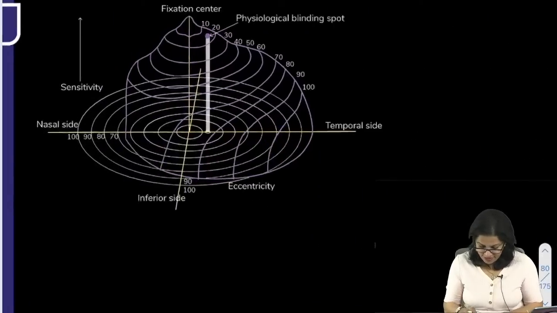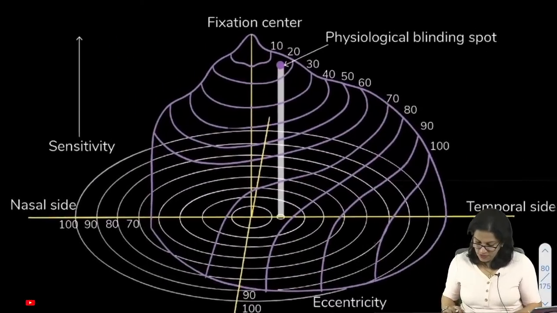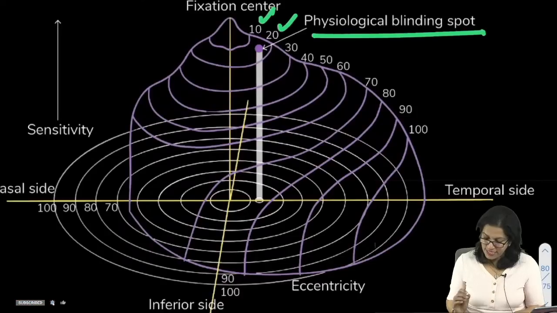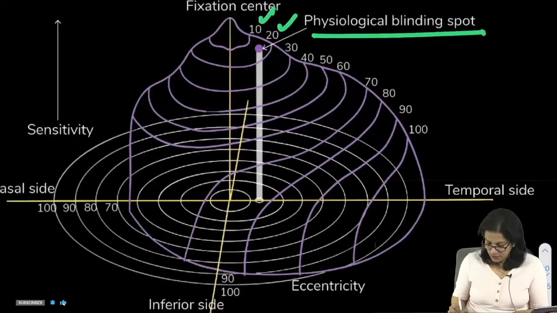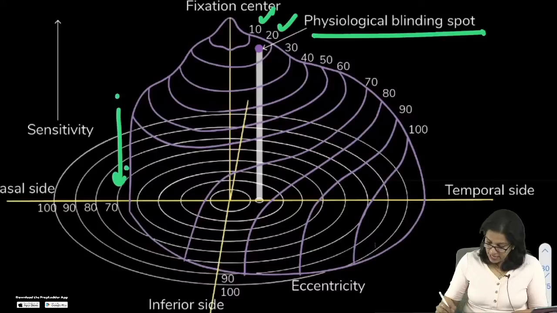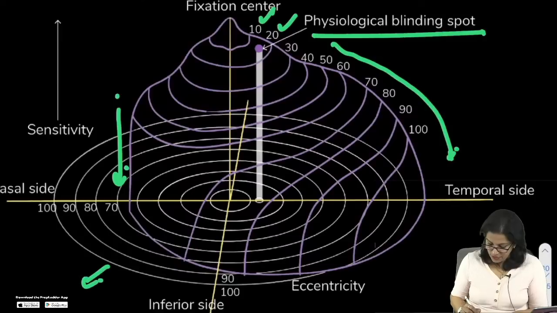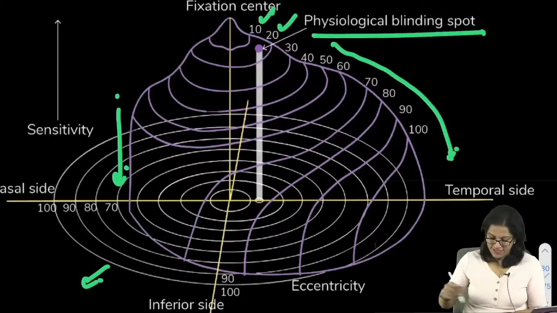So when you say the physiological blind spot, it is between 10 to 20 degree isopter. So isopters are here, the sensitivity nasally drops very sharply, and on the temporal side it drops a little gradually, right? And this is how we depict these isopters in a simple way, the circles, right? These are the different axes.